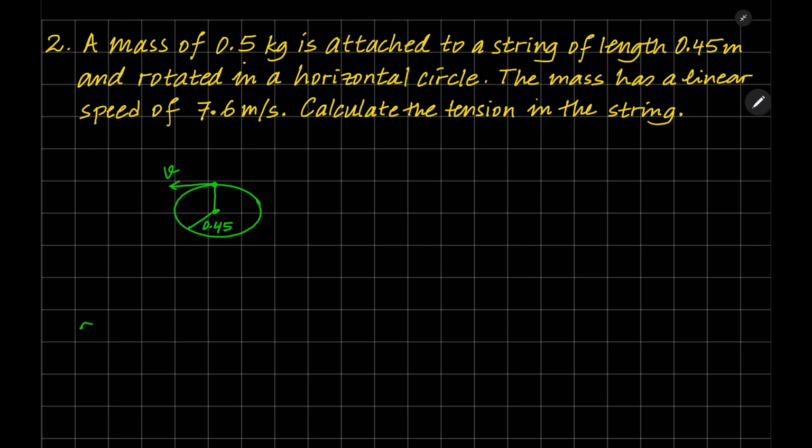It's given that the mass of the particle is 0.5 kilogram and radius is equal to 0.45 meters, and the linear speed or the tangential speed is equal to 7.6 meters per second.